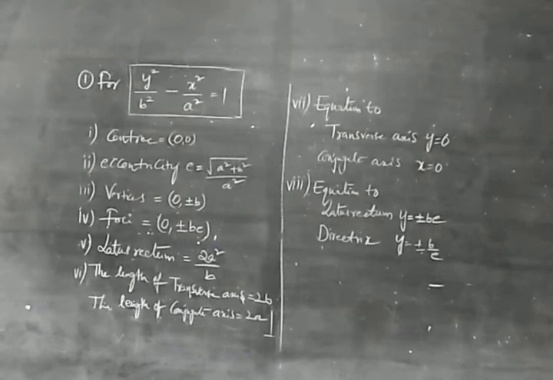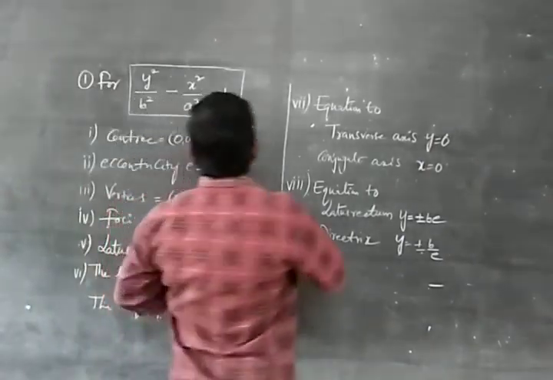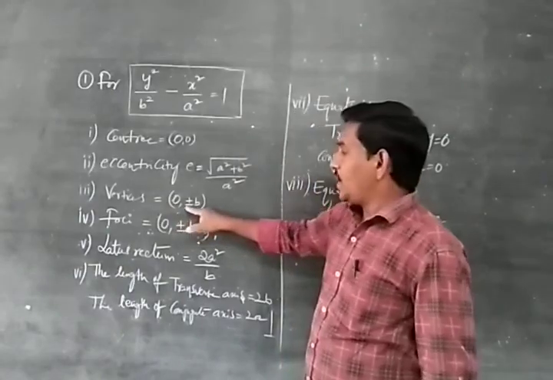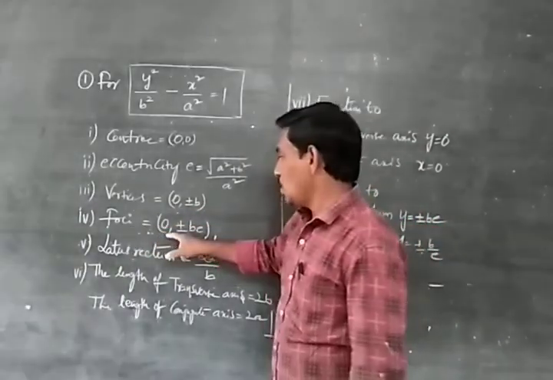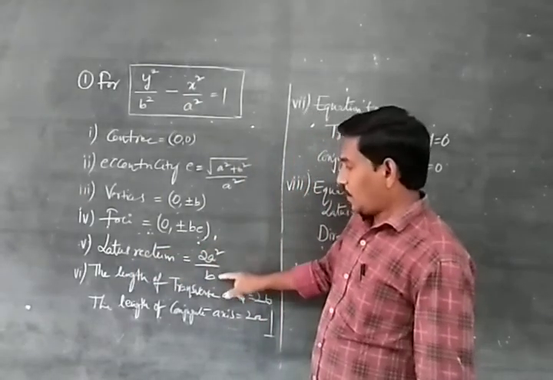Okay, here center 0, 0, eccentricity equal to root of a square plus b square by a square. Vertices 0, plus or minus b, foci 0, plus or minus be. Latus rectum 2a square by b.